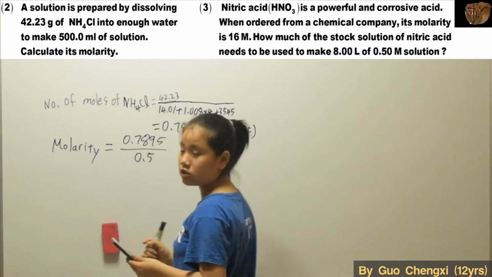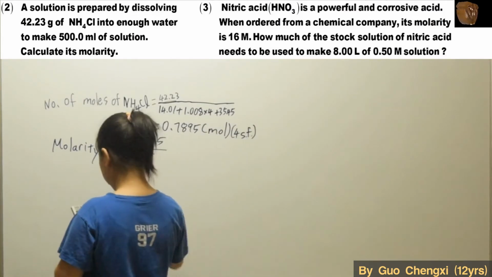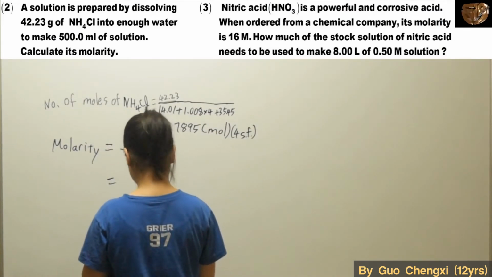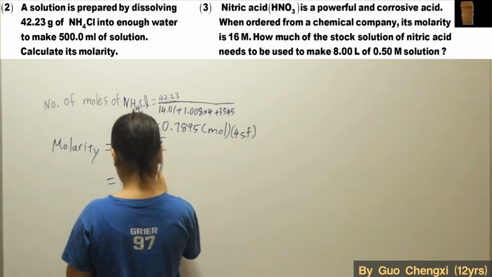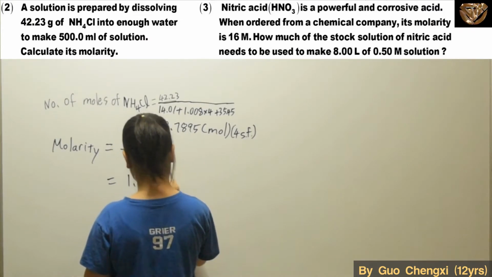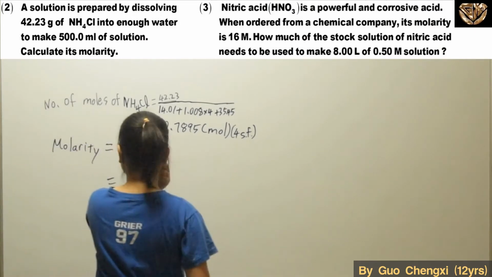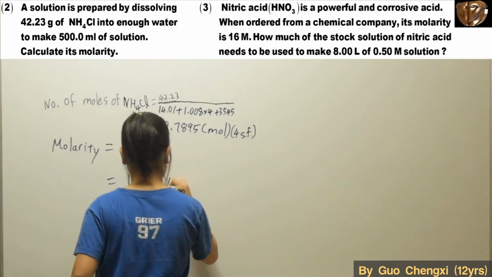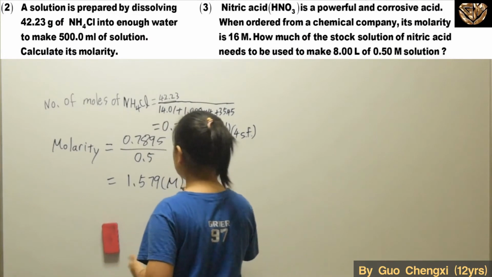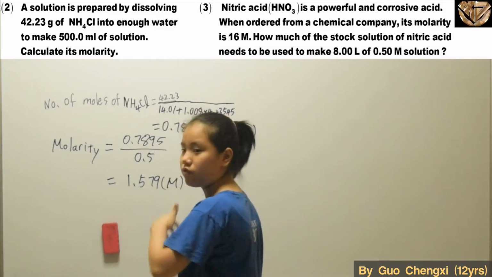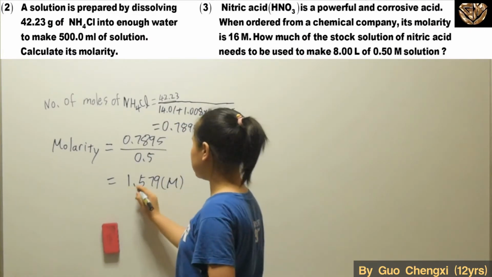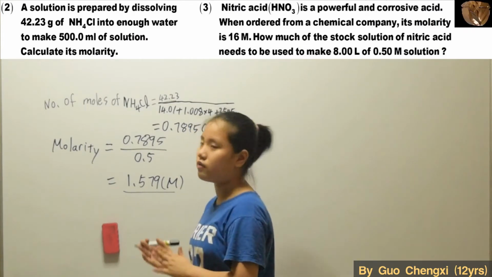And thus we will get 1.579. And what is the unit? The unit is M. We have already said about this before, like the symbol for it. So as you can see, this is what we get over here.